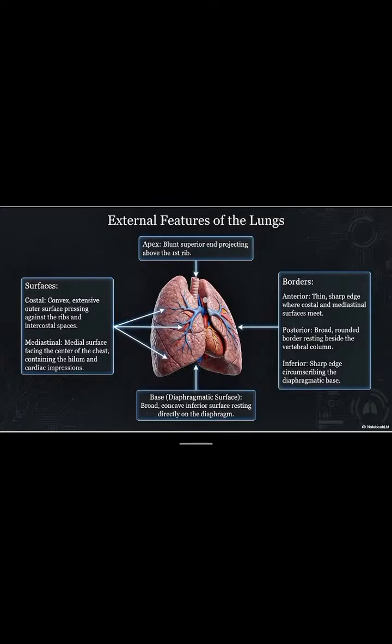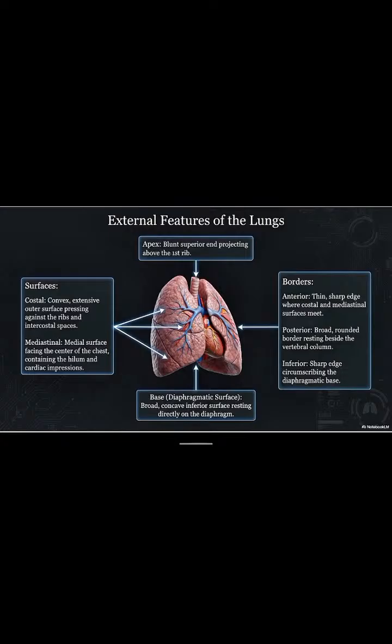Now, just take a look at the anterior border. This is the anterior border. This region here is the anterior border of the lungs. It is where the mediastinal surface and the costal surface meet. The mediastinal surface is this region, the surface facing the heart.